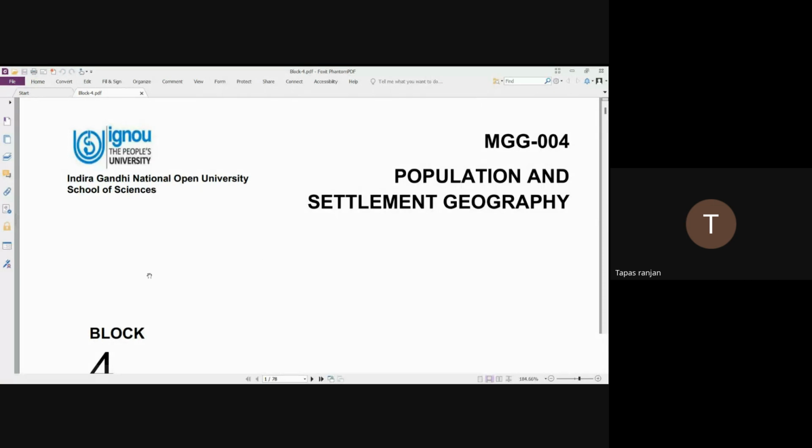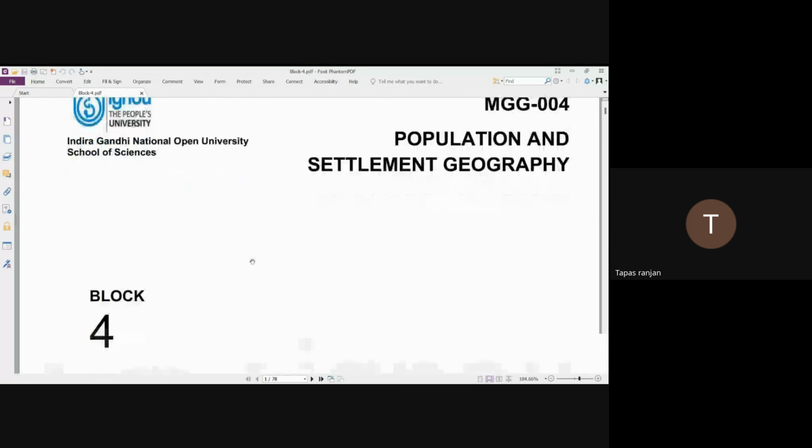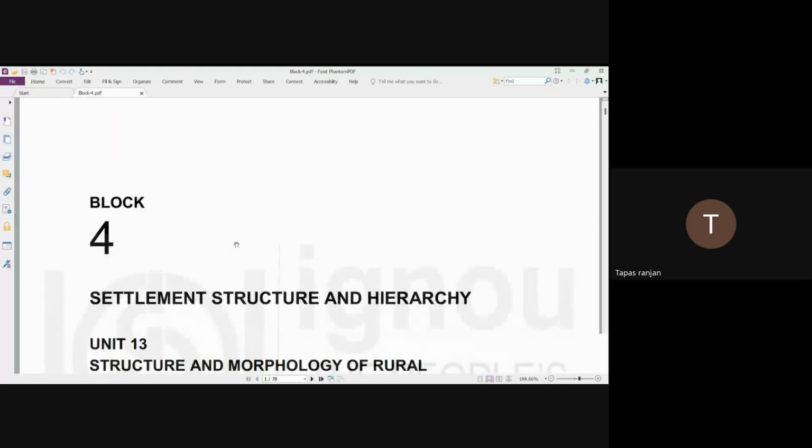so we'll start with block 4, and it's about the settlement structure and hierarchy. I think in the previous unit we have already discussed different types of urban settlement and different types of rural settlement also.